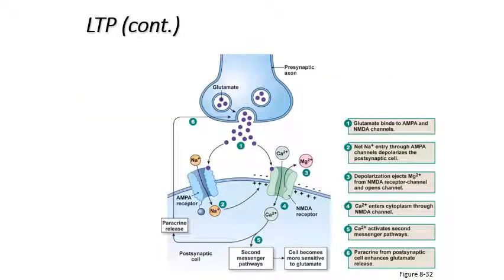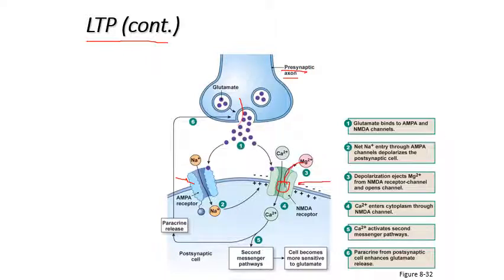So let's take a look. Long-term potentiation. Here's that presynaptic axon. Okay, here is the AMPA receptor, and here's the NMDA. We'll see this magnesium is actually lodged in here. Okay, what happens first?